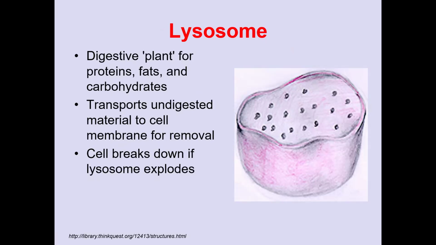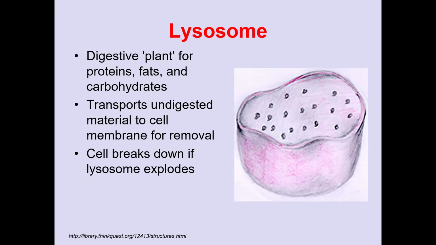So lysosomes are organelles that contain digestive enzymes. They are used to digest foreign substances or sometimes substances that are not needed by the cells. So they are called digestive plants.